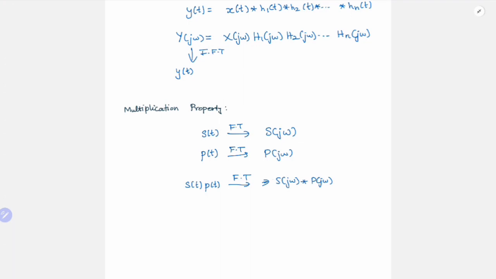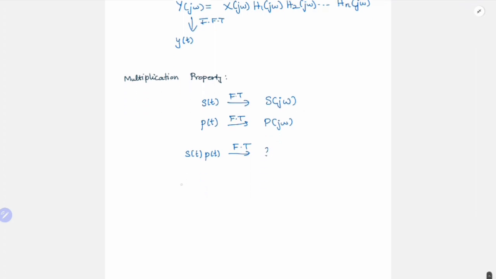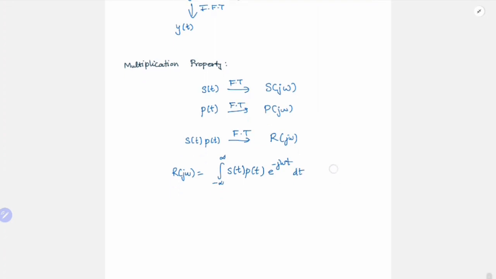Not exactly, maybe. So let us go ahead and try to find what it is. So we have, let's call it some R of j omega, which is nothing but the integral from minus infinity to infinity s of t p of t e power minus j omega t dt, right?